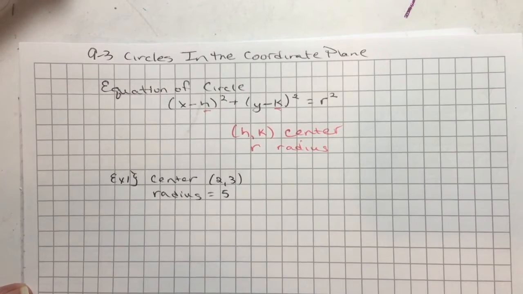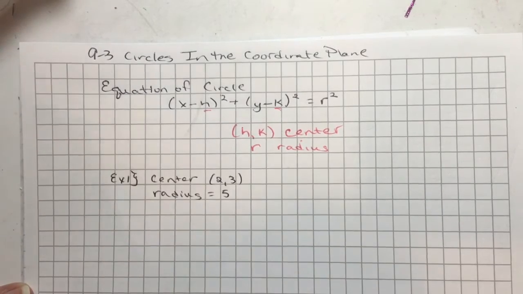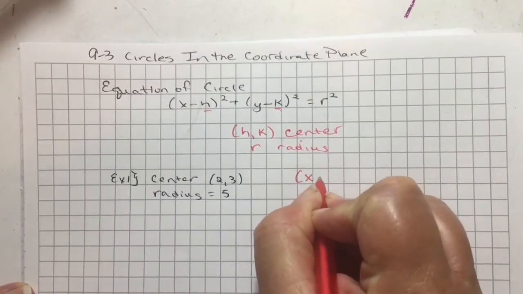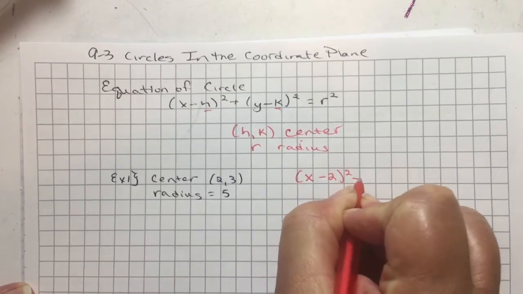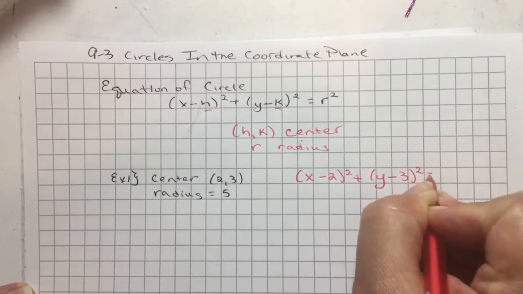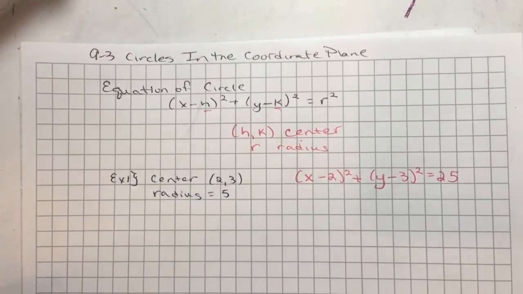Pause the video and see if you can write it on your own before I even show you how to do it. All right, you should have come up with (x − 2)² + (y − 3)² = 5², which is 25.